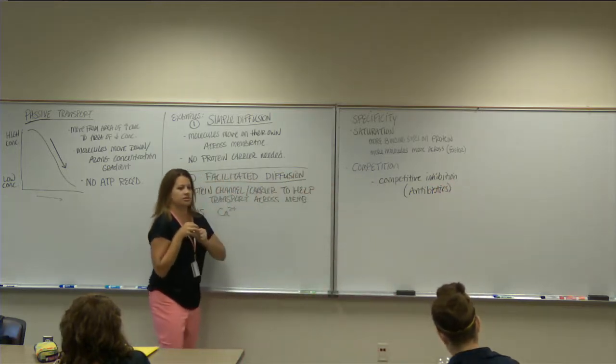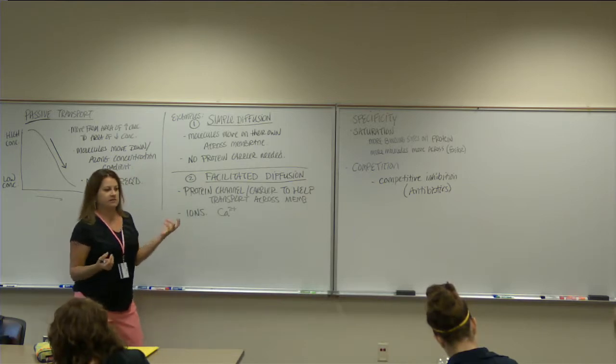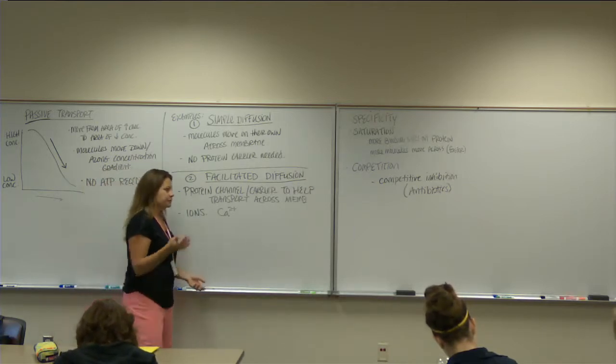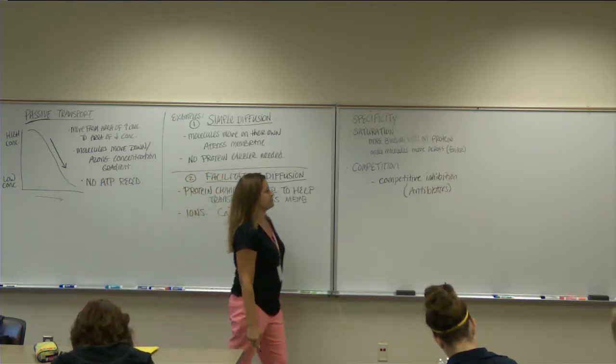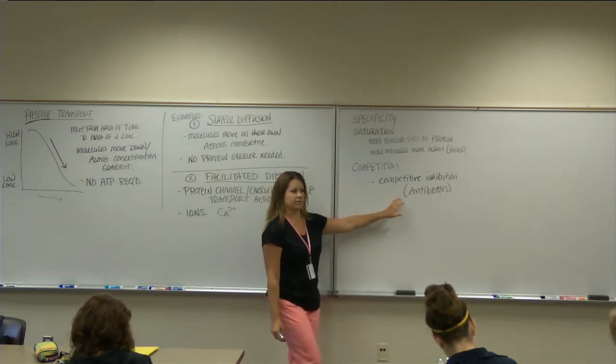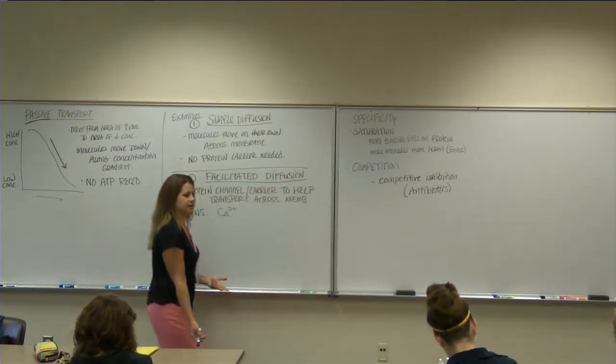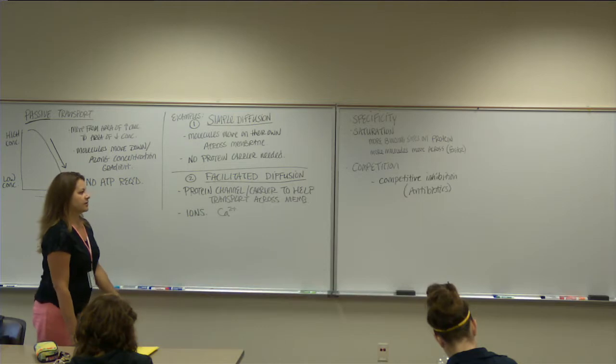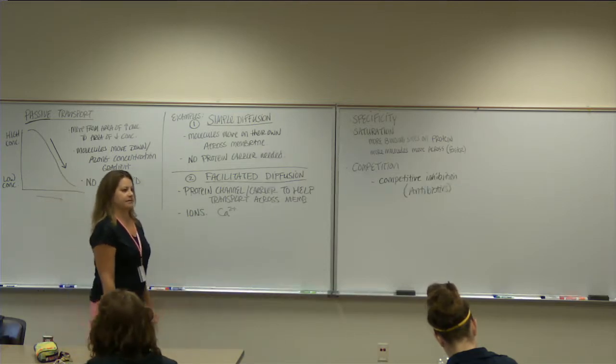Okay, so competitive inhibition, if you have an inhibitor that's similar, has the same shape, it could potentially get across. Okay, so that's how a lot of antibiotics are brought into the bacterial cells. Again, mimicking the typical substance that binds to these proteins.